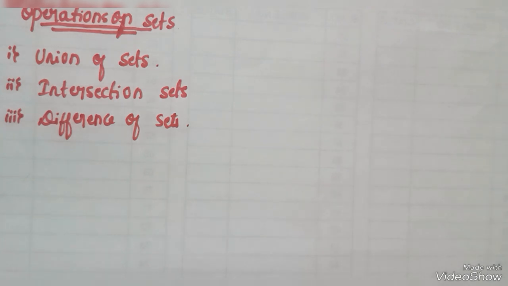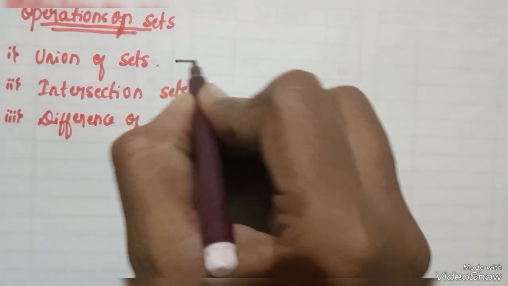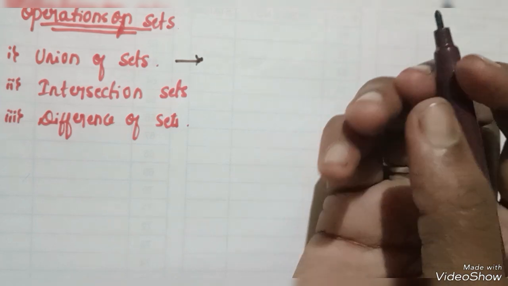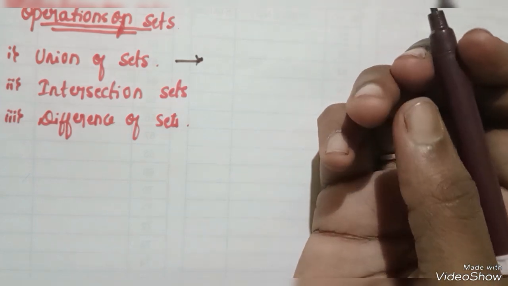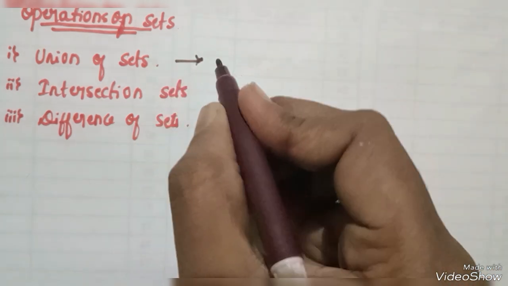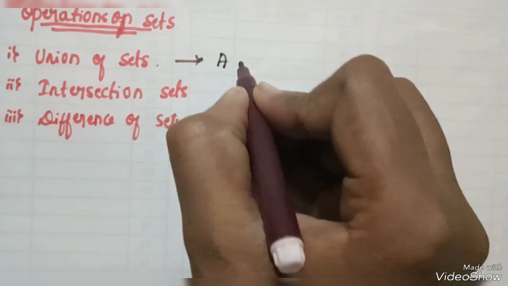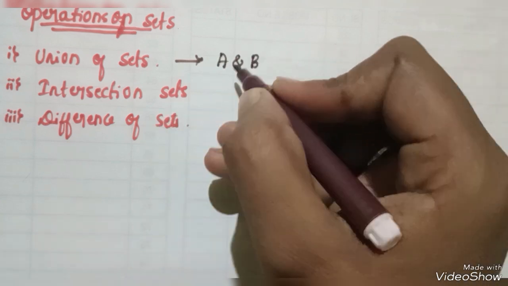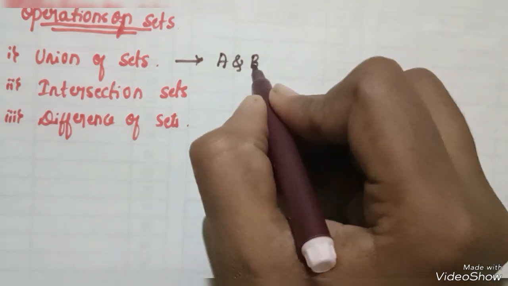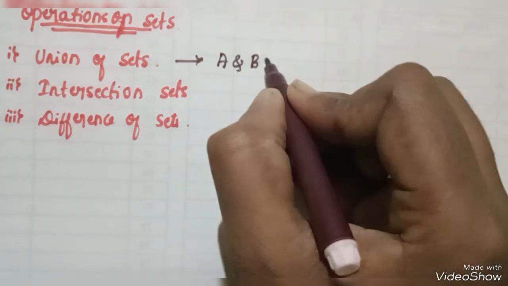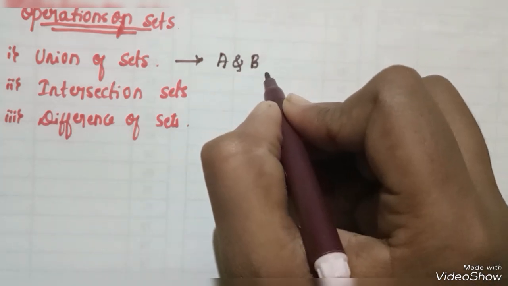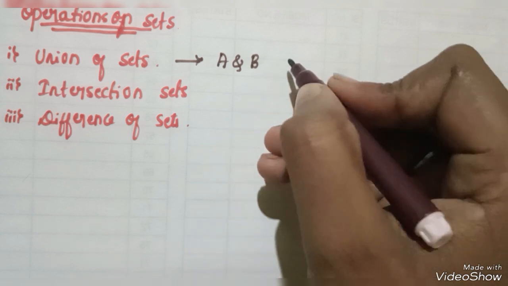Here the first one is union of sets. Take A and B as two sets. Then we take the union of the two sets.